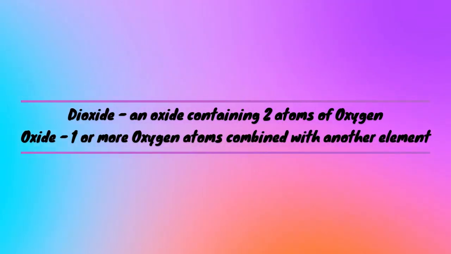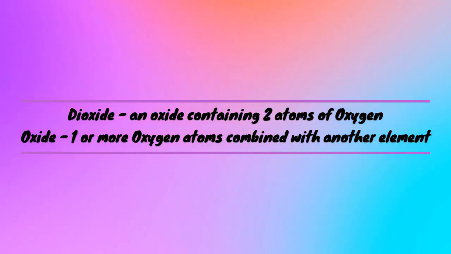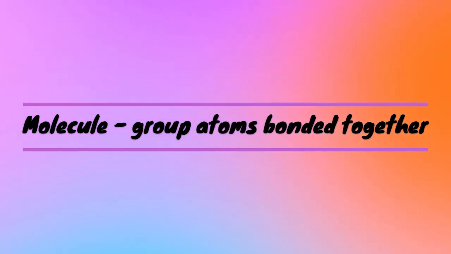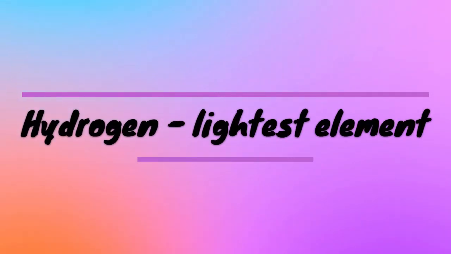Dioxide, when we call something dioxide, that just means an oxide that contains 2 atoms of oxygen, whereas an oxide is any compound with 1 or more oxygen atoms combined with another chemical element. A molecule is a group of atoms bonded together, and a molecule represents the smallest fundamental unit of a chemical compound that can take part in a chemical reaction.